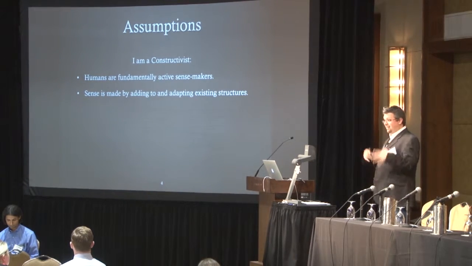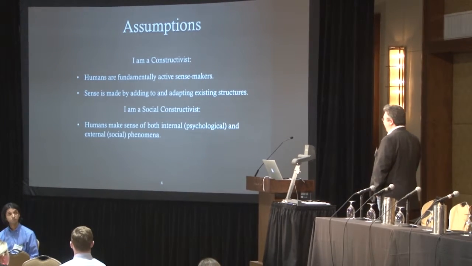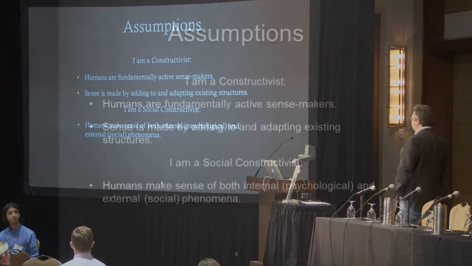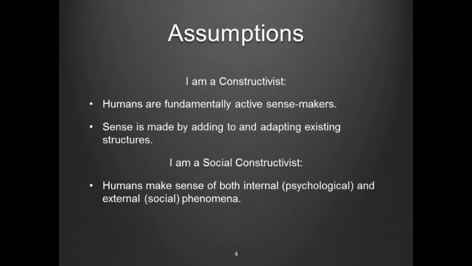That's constructivist. But an extension of that, I am a social constructivist, so I didn't tell you in what contexts the humans would make sense. I think they make sense of both internal psychological contexts, like cognitive dissonance, but also external social phenomena. So that's the perspective I'm bringing to bear on teaching.